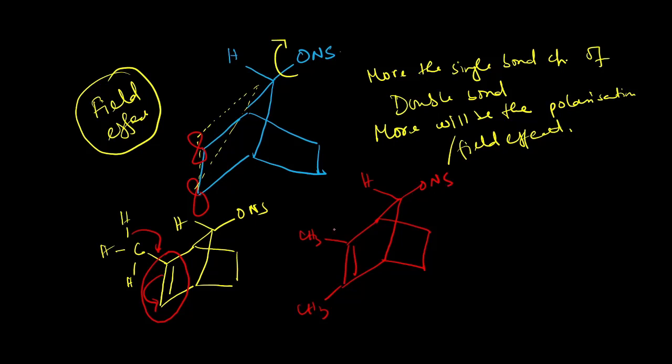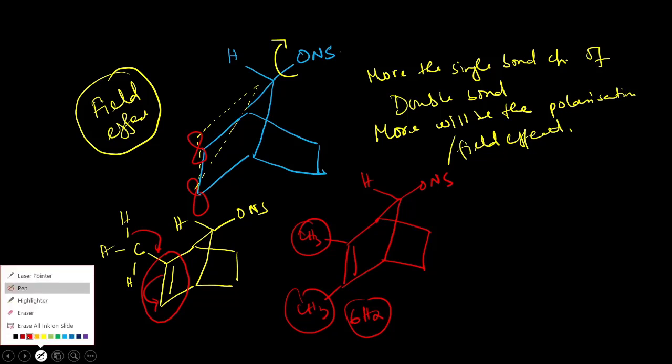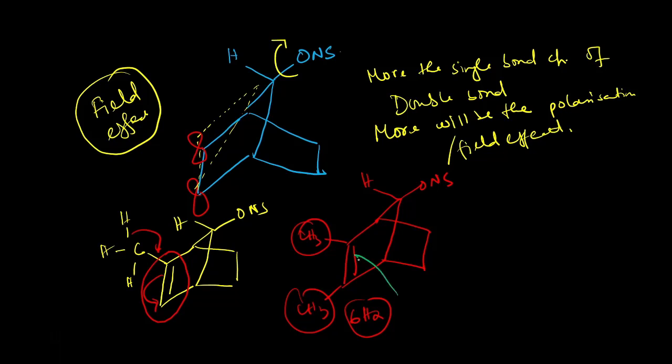Here we have 6 alpha hydrogens involved in hyperconjugation, which will increase the single bond character of this pi bond. Okay, so now we can safely say that the more the single bond character, the more the polarization, the more the field effect, the more the SN1 reaction rate. So the rate should be 3 greater than 2 greater than 1.